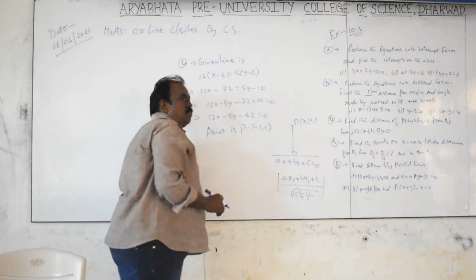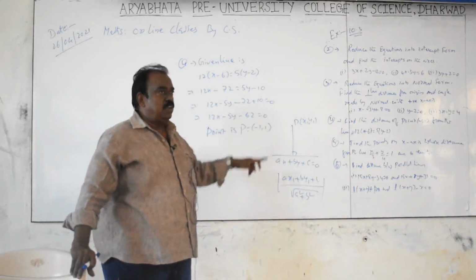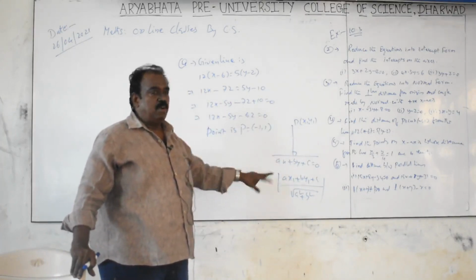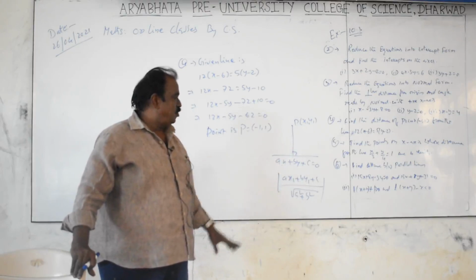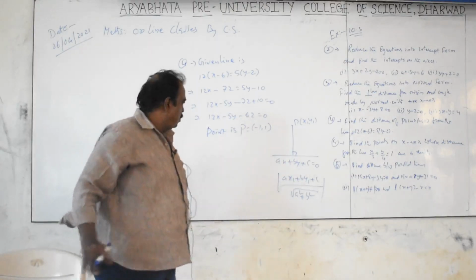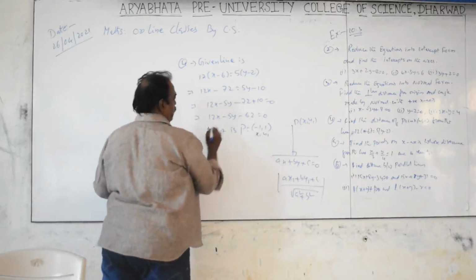A beautiful formula. Remember it. For x and y, you substitute x1, y1. A, b, c are the coefficients as they are.